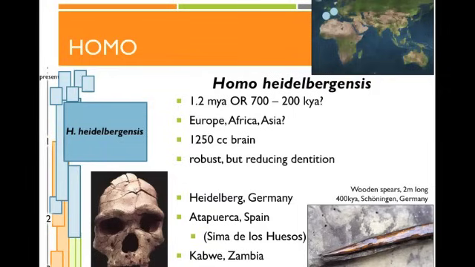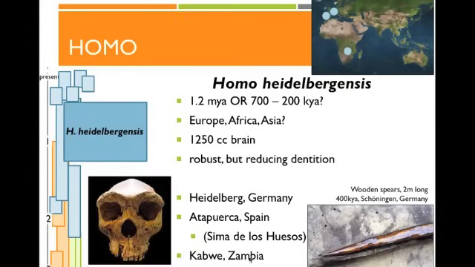Now, further complicating the story of heidelbergensis and antecessor a bit is the discovery of the broken hill skull in Kabwe, Zambia. So that's in more southern Africa. This fossil, or this suite of fossils, have been sometimes named Homo rhodesiensis, but many anthropologists argue that rhodesiensis and heidelbergensis are the same species.